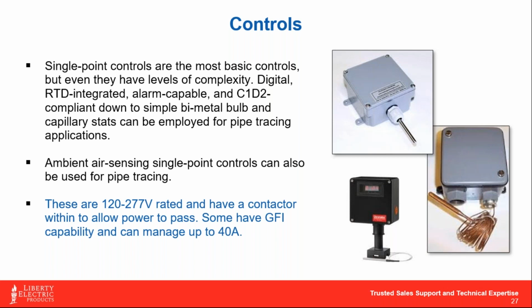The other thing is with the digital ones, generally you can jump off of an alarm contact inside of there, so if you do need to send indication someplace, you can do it. That's another benefit to going with something a little more advanced on the single circuit side of things as well. Pretty neat though, these little guys can usually all handle line voltage from 120 to 277. Some of them have GFI capability, some don't, but most all of them can handle up to a 40 amp load.